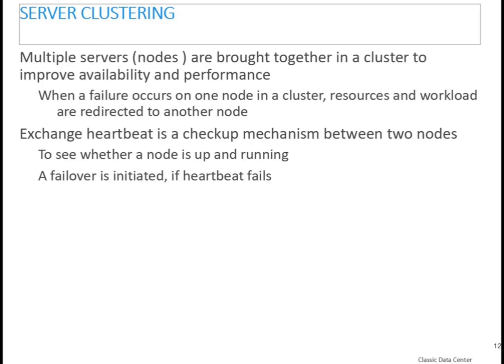Heartbeat is a checkup mechanism arranged between two nodes through the private network to see whether a node is up and running. The failover is initiated if the heartbeat is not functioning. In such cases, another node in the cluster will take over the workload of the failed node.